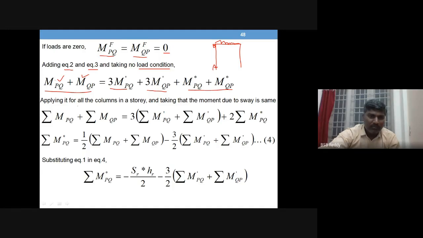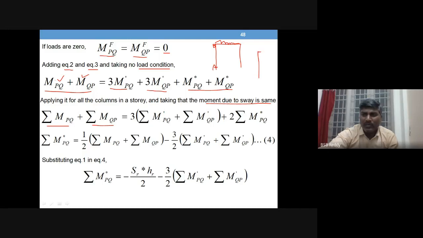Now applying it for all the columns, this is for one column PQ. So we have to make a summation of all the columns in a particular story. Okay. And taking one more condition: the moment due to sway is the same. This we know very well.